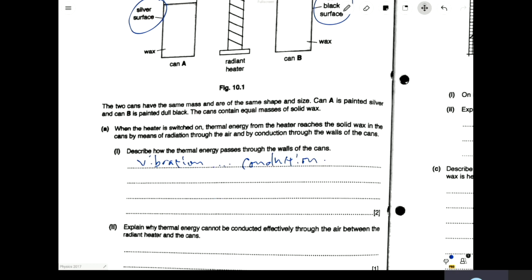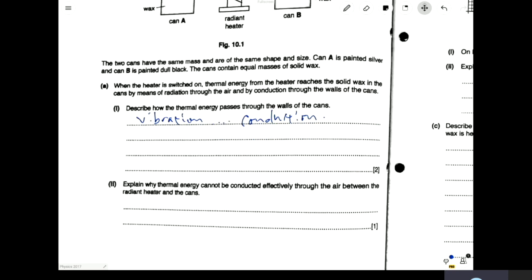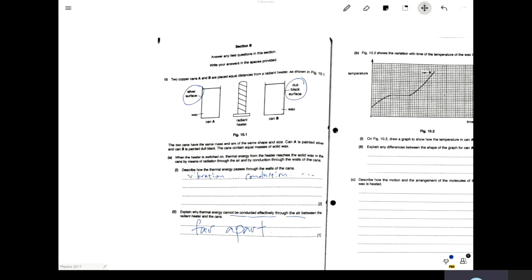What's the conduction process? From hot to cold. Vibration of the particles passes the vibration from one to the other. Okay? So I'm not gonna write the whole thing here. Why can it not be conducted effectively through air? Because the particles are far apart. So because the particles are far apart, you want to vibrate your neighbor, you cannot touch your neighbor. Right, next.